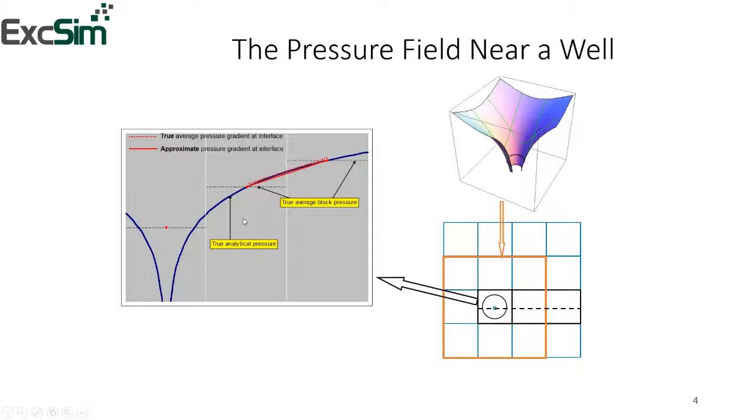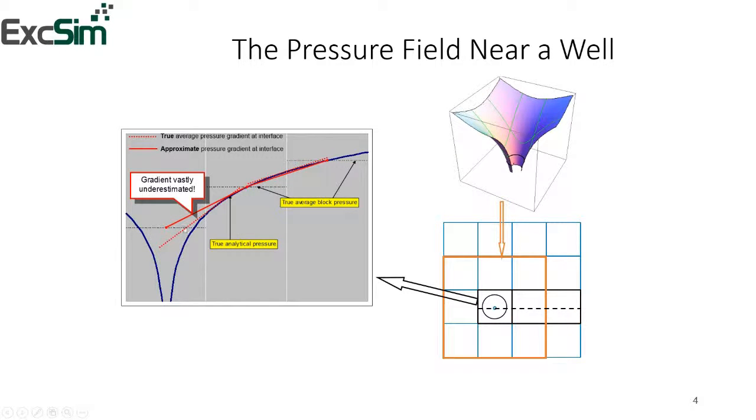However, when you look at the influx to the well block from its neighboring block, the simulator will estimate it based on the center point of the grid blocks and the average pressures, and the slope of that pressure line is very different from the actual average pressure gradient at the interface, which means that not enough oil or water, whatever, would flow into the well block.